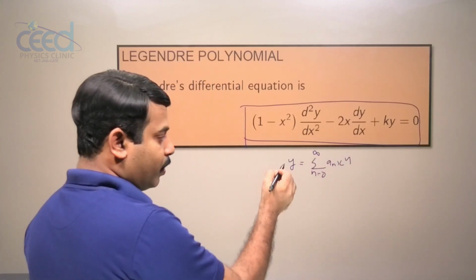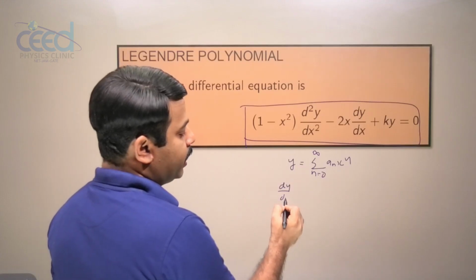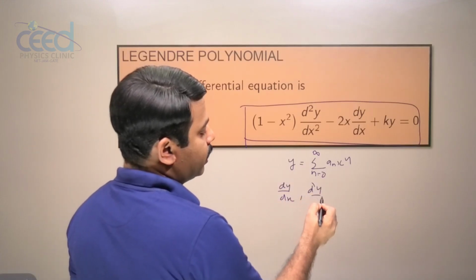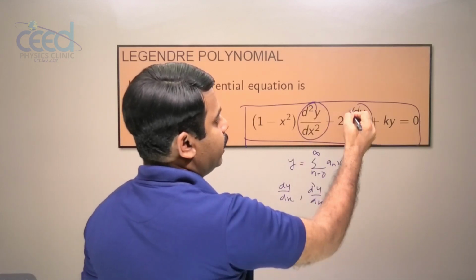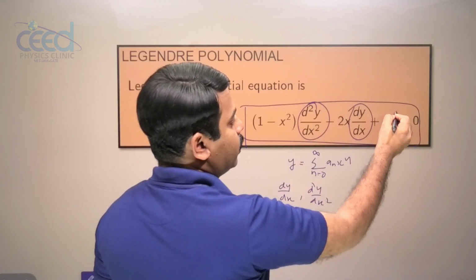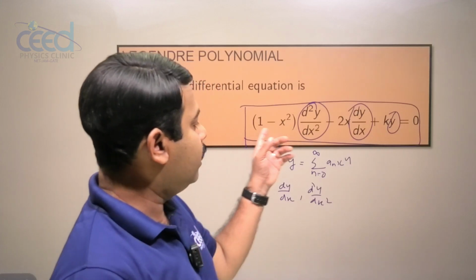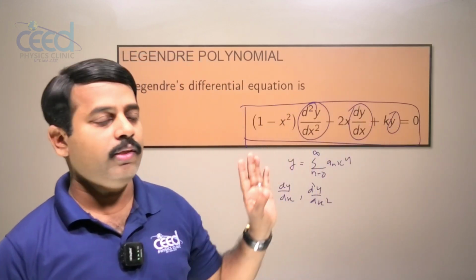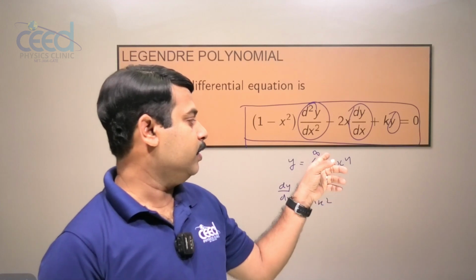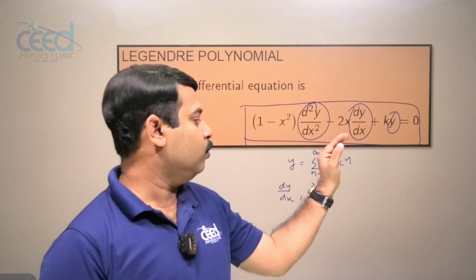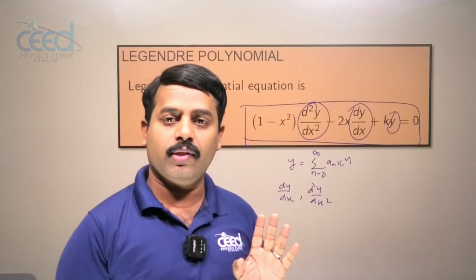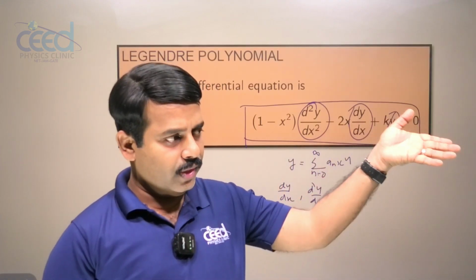Now from this we find dy by dx, then d square y by dx square, and those values we substitute in the equation, and y also. Then we get a general equation, then we find the coefficients from that general equation, and then we substitute and finalize the solution. That is the method we have seen, we did it also.